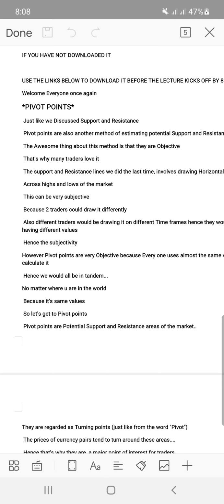You can make trades through fundamental analysis, that is opening trades purely on news releases, and technical analysis. Technical analysis is when you make use of technical tools like support and resistance, indicators, price action, candlestick analysis, and the rest of them.